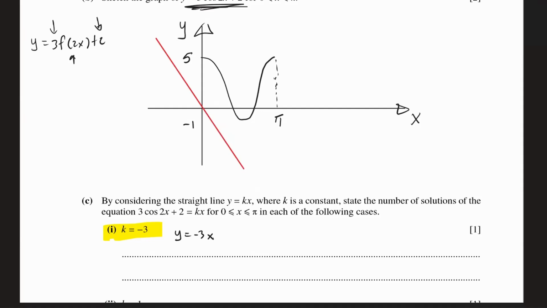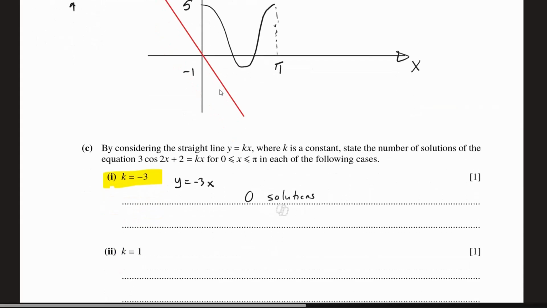And if you look at it, it will in no wise intercept this graph from 0 to pi. So therefore, I can say here we will have no solutions. Okay. And let's go to when k is equal to 1.